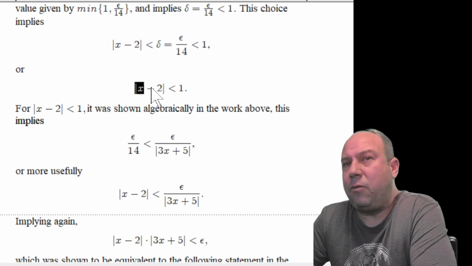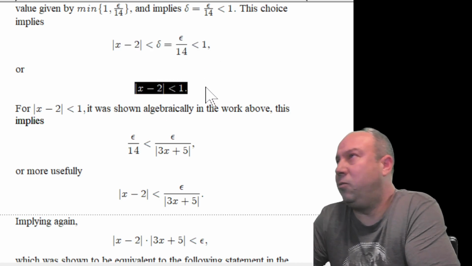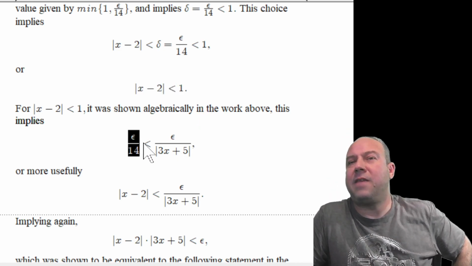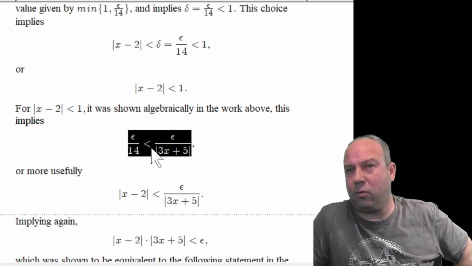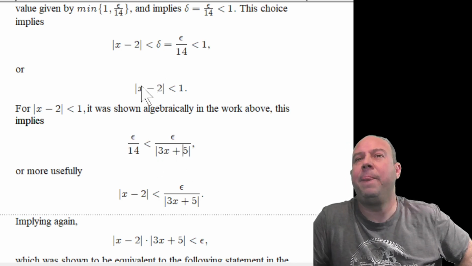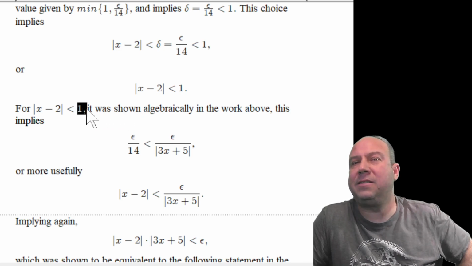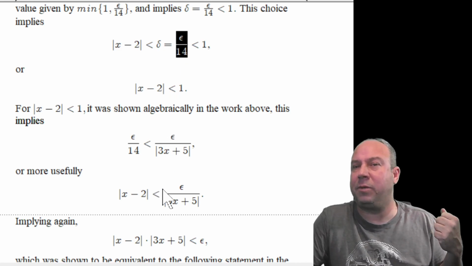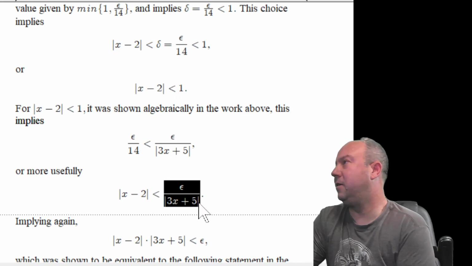And we've shown that when the absolute value of x minus 2 is less than 1 with the algebra above, that absolute value of x divided by 14 must be then less than epsilon over the absolute value of 3x plus 5. So that allows me to go back and say that because we said that we're less than this initially, we must also be less than this initially.